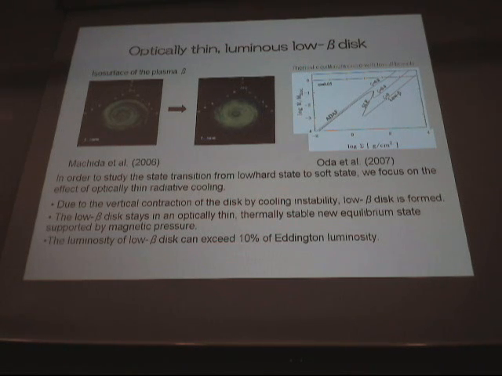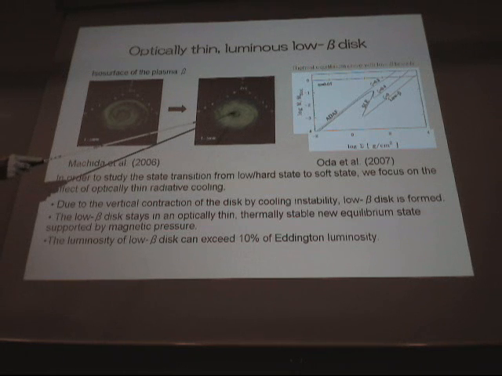disk is formed. This is a result of our simulation, and the color shows the surface of plasma beta: yellow shows beta equal 1, green is 10, and blue is 100. And this is the start point. Low beta regions exist filamentary, and after the cooling instability occurs, the disk becomes low beta.